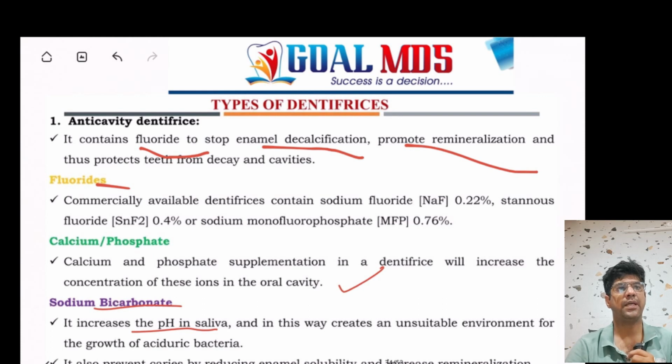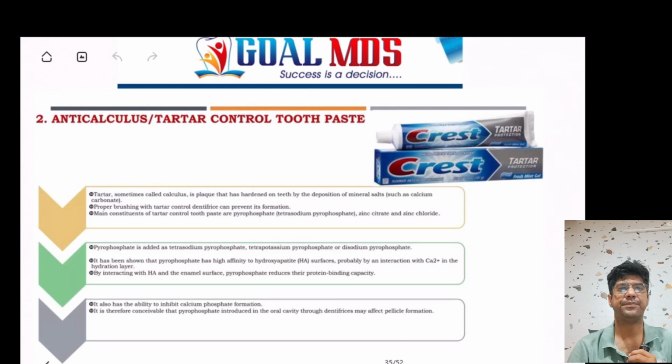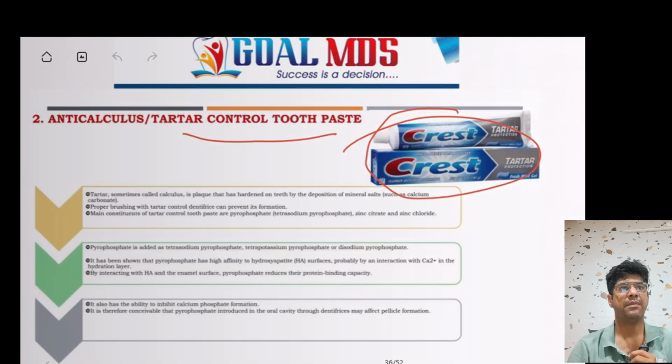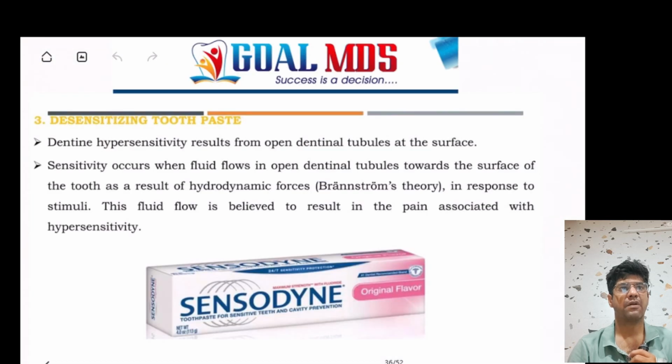Sodium bicarbonate increases the pH in saliva and creates an unsuitable environment for the growth of acidogenic bacteria. Anti-calculus, anti-tartar pastes are available in the market. They prevent the mineralization of the plaque.